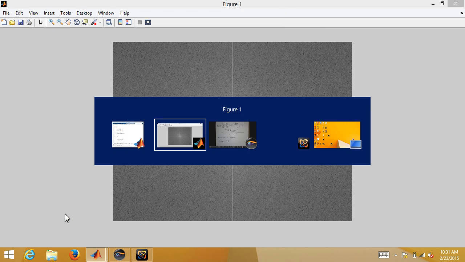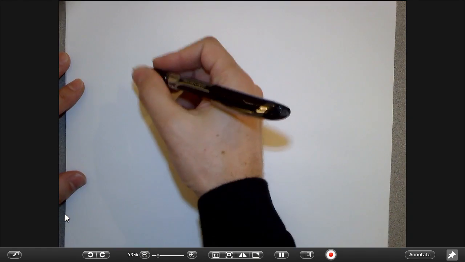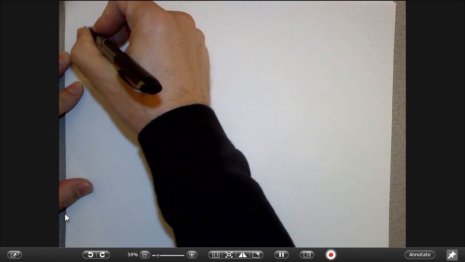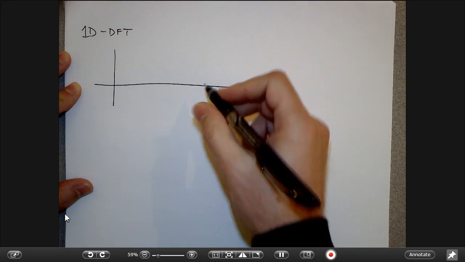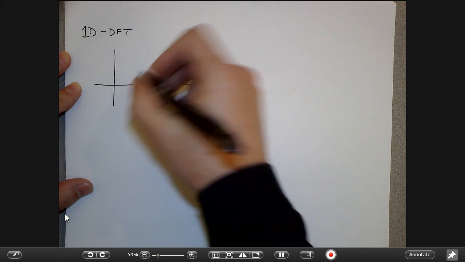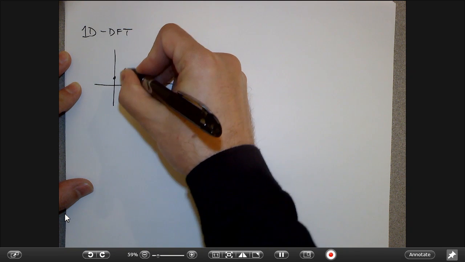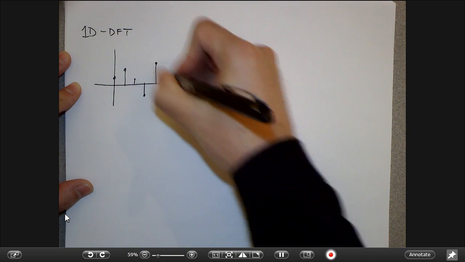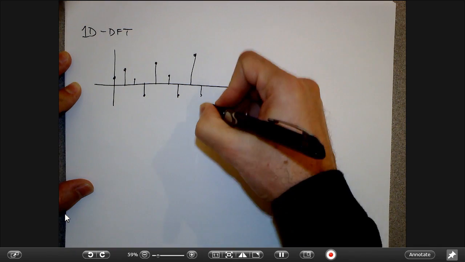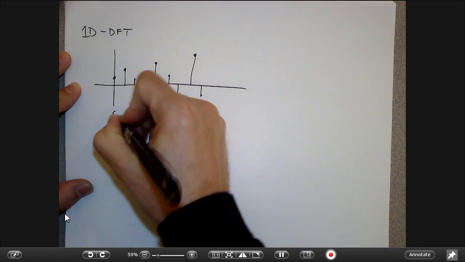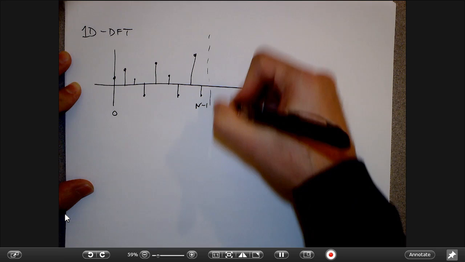So remember that, and I'm going to talk about this a little bit on paper in a minute, but a critical idea is that for the 1D DFT, it's not like I have just n values and I stop, right? The assumption behind the 1D DFT is that things are periodically repeating.